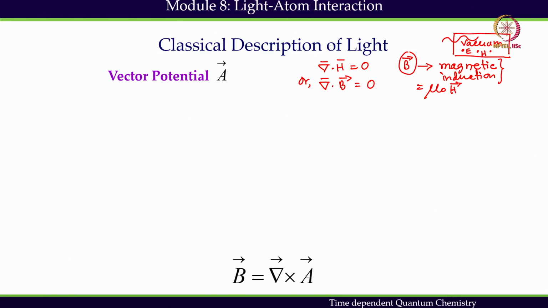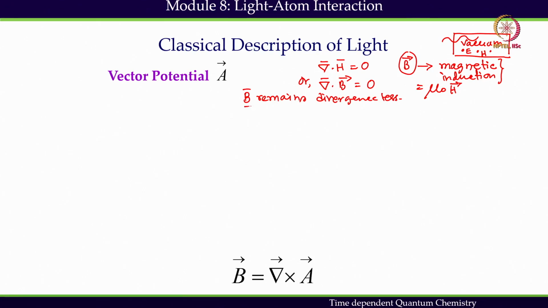So, magnetic field remains divergence less in the vacuum. So, B remains divergence less, and if B is divergence less, then mathematically one can propose that B is a curl of a vector, and I will prove that.